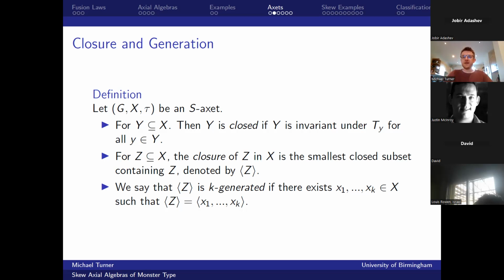I'm always going to stay in Y. And we can also define what closing means. So we have this set Z, which is a subset of X, where we can define the closure to be basically the smallest closed subset containing Z. So you could also think of it as taking Z and just keep applying tau maps, see if any new elements pop up, add them to the set, and then keep applying that until no new elements pop up.